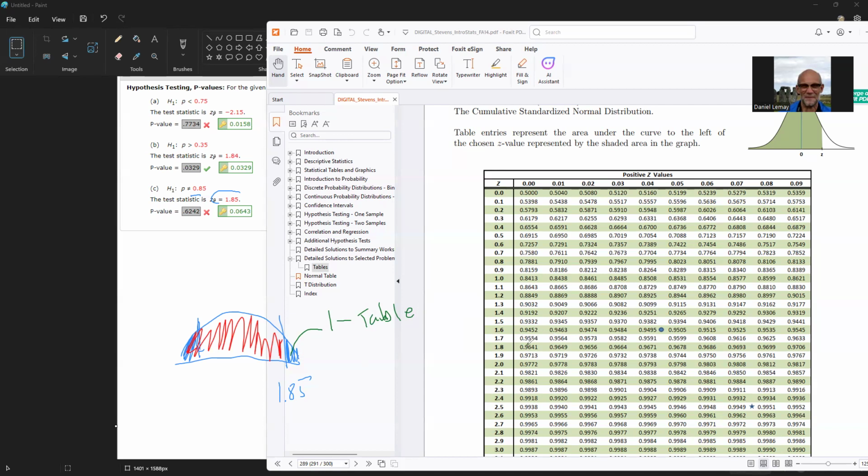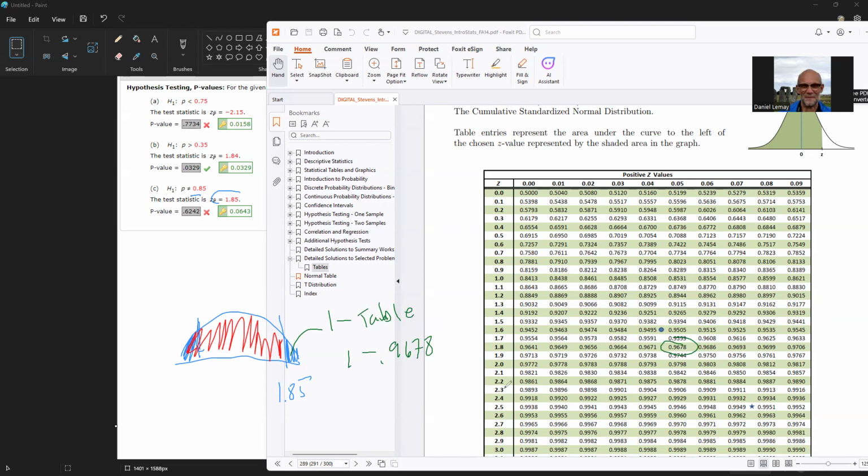So let's see, what is it? 1.85. Let me make sure I've got that set up. 1.85. So 1 minus 0.9678. And actually, I'll grab a calculator and we'll get the answer here. So 1 minus 0.9678.